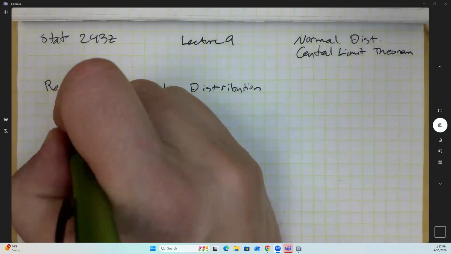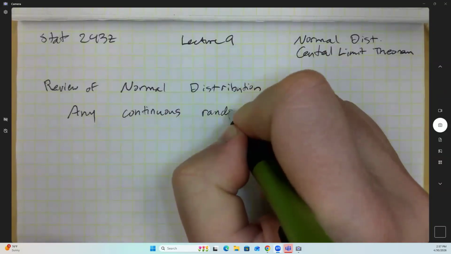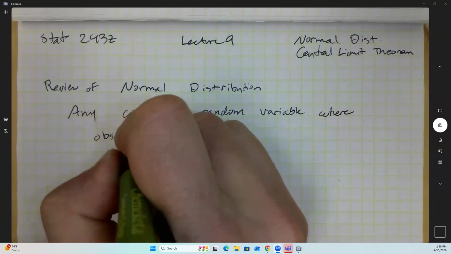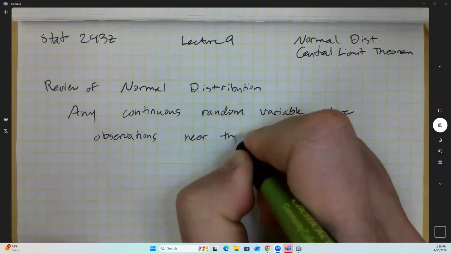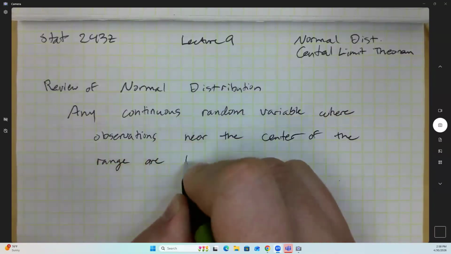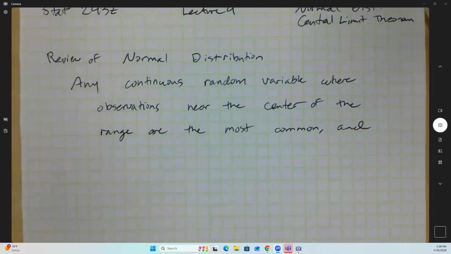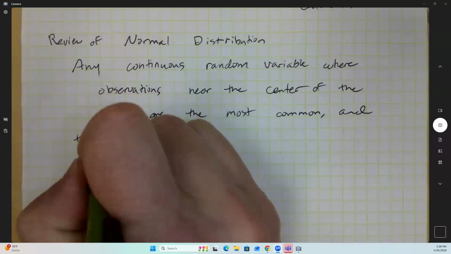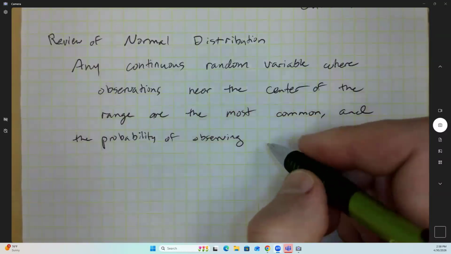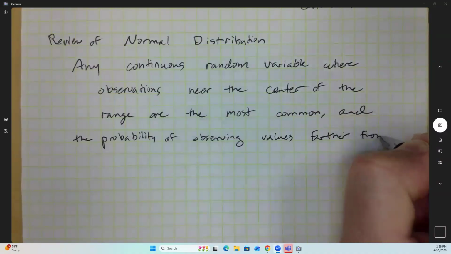Basically, any continuous random variable where observations near the center of the range are the most common, and the probability of observing values goes down.